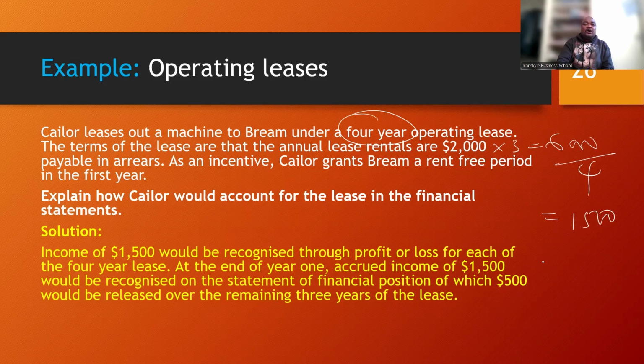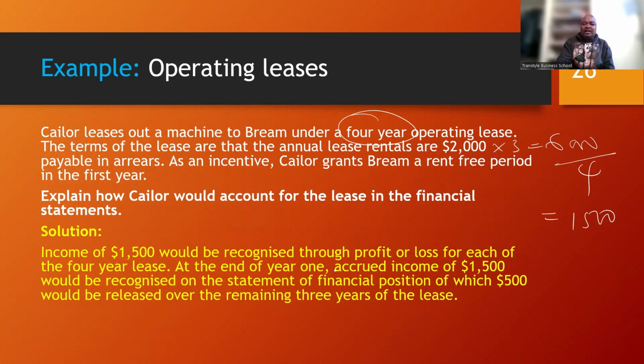So this is why we are saying income of 1,500 would be recognized through profit or loss for each of the 4-year lease. Now, this is income in the lessor's books. It was an expense during the Ranko period, but now it is income in the landlord's books.